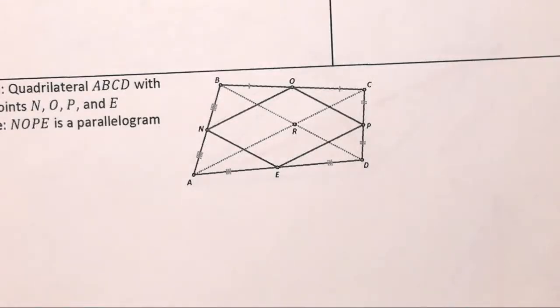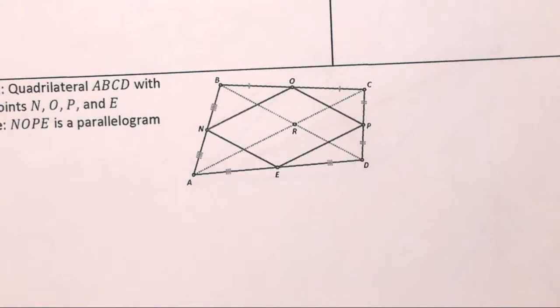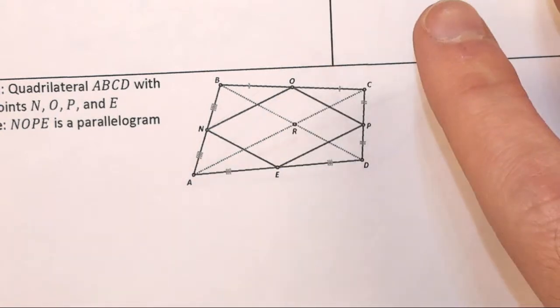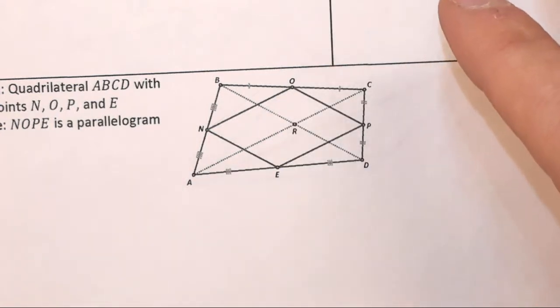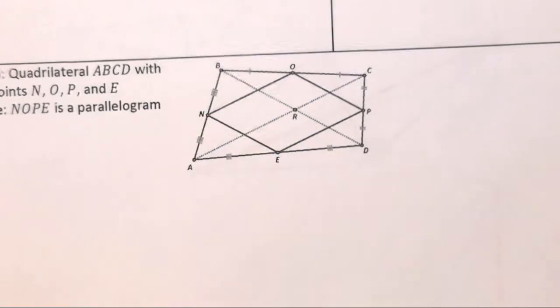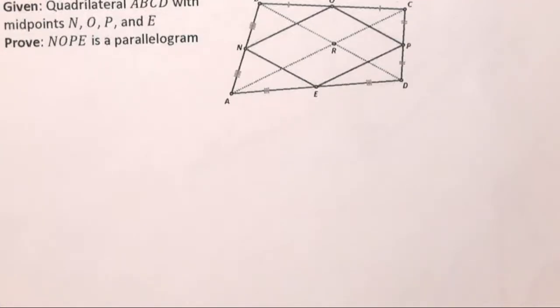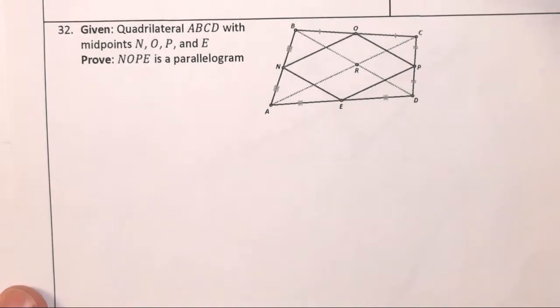Showing that the opposite sides are congruent is one of them, but also by definition, if I just show that the opposite sides are parallel, it would make a parallelogram, and then by the properties of any parallelogram, its opposite sides are congruent. I would get that part for free. So I don't have to do both of them, I just pick one of them. And on here, the easiest way to do it is by just showing that the opposite sides are parallel to each other. All right, so we'll just do a straightforward, good old-fashioned two-column proof.